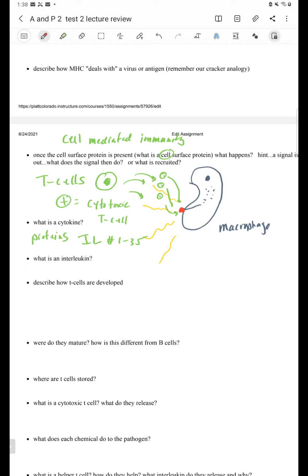Okay, you're welcome. An interleukin is a type of cytokine. They also activate other parts of your immune system.